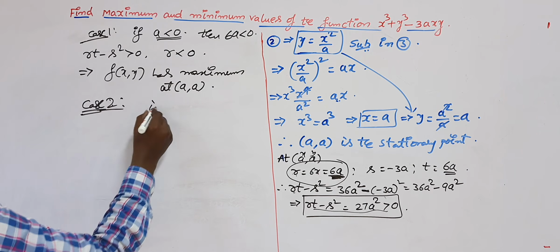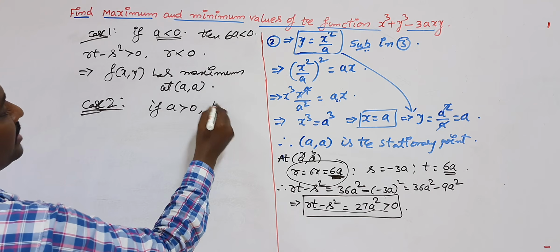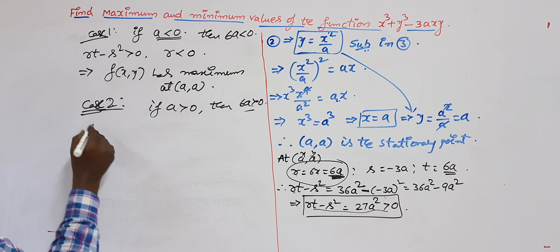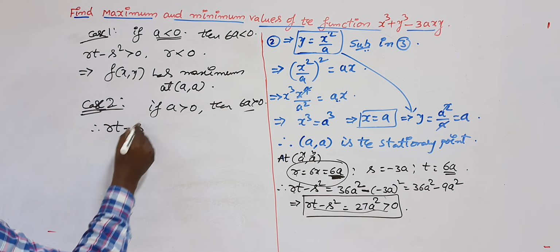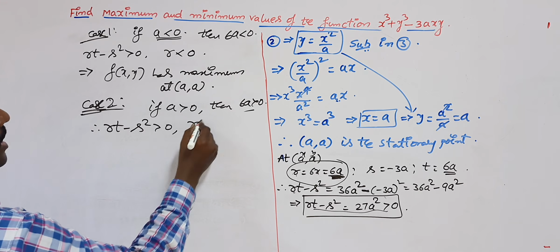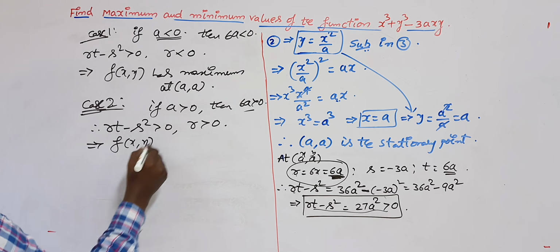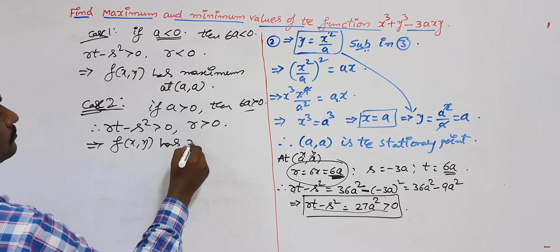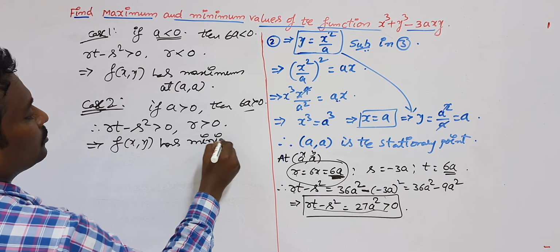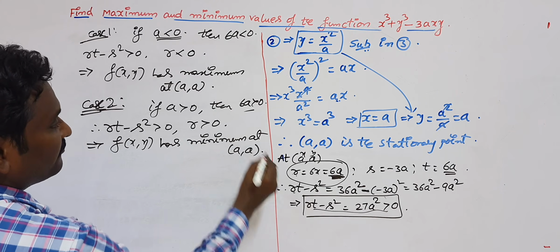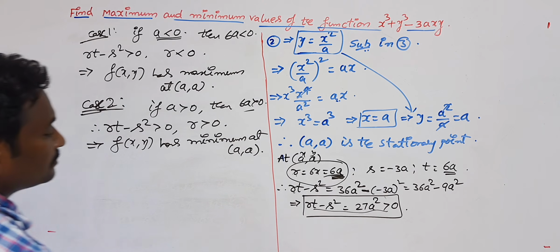Case 2, if a is positive, then the 6a value is also positive. What is 6a? r. So, already we got rt minus s square is positive, now r is also positive. So, in this case f of x comma y has a minimum. We have to present both cases whenever small r contains a value.